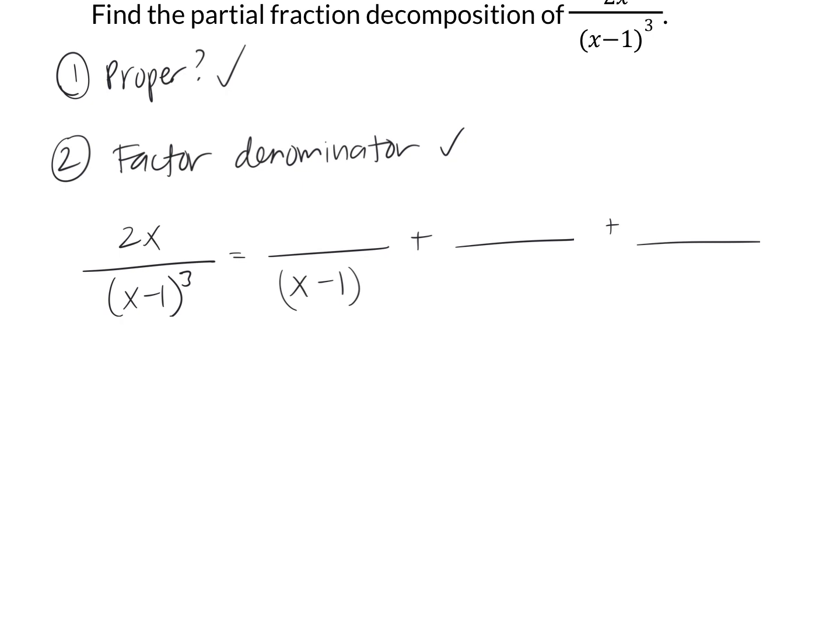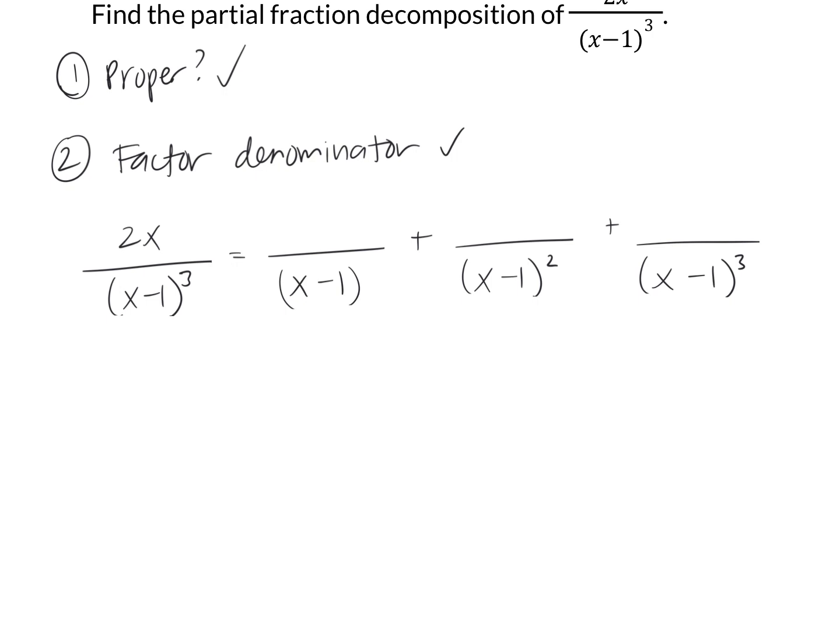So like for the first one, it's just x minus 1. The second one is going to be x minus 1 squared, and the third one is going to be x minus 1 cubed. Okay, so whatever your exponent is, that is how many fractions you have, but then you split up your exponent into 1, 2, and 3 terms, okay?